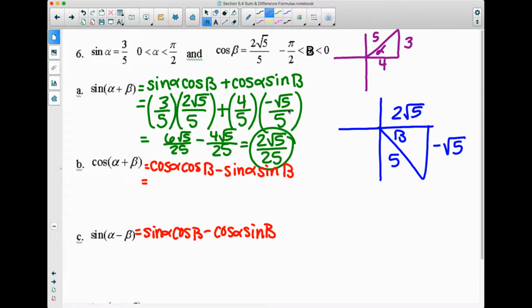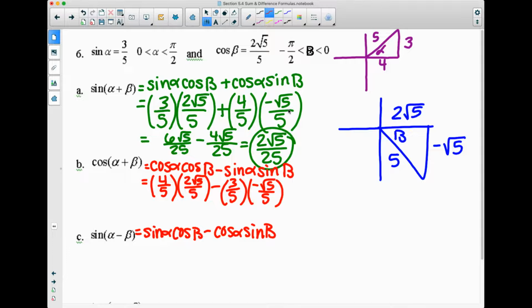All right, so cosine of alpha is going to give me 4/5. Cosine beta is going to get you that 2√5/5. Sine of alpha is going to get me 3/5. And sine of beta is that -√5/5.